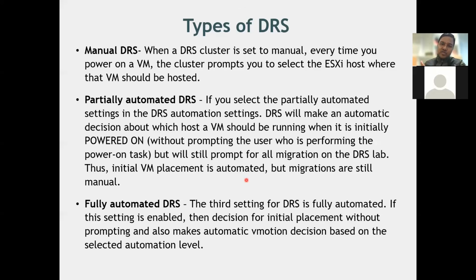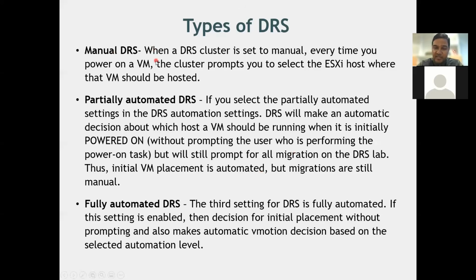Now the Bodo ESXi host is running out of capacity, that means it is already 90% or 95% loaded. At that time, if partially automated DRS is enabled, it is going to send a message to the VMware administrator that the load has increased, so please migrate your VM to other places. So migration has to be done manually.